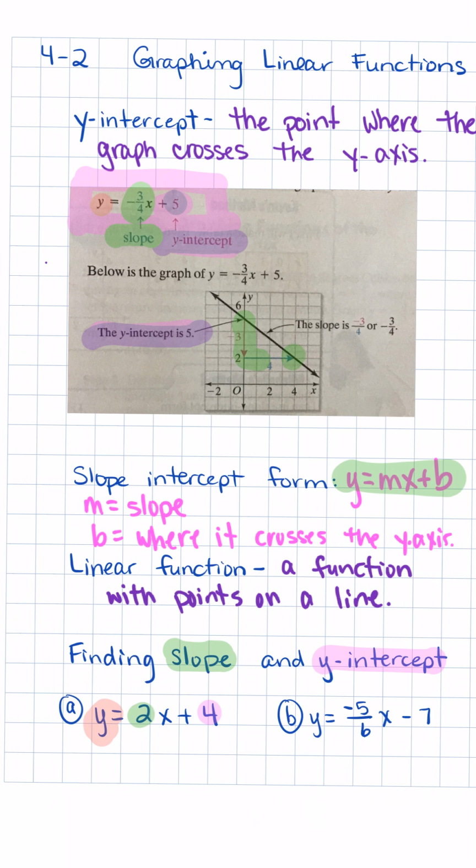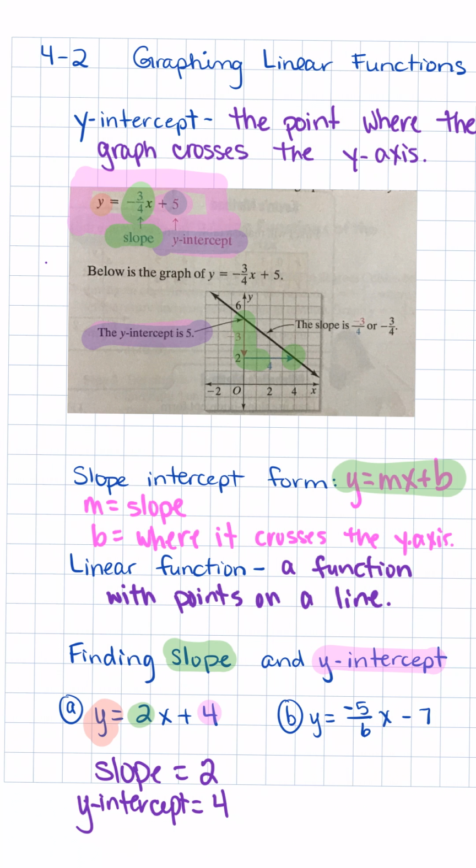So you would just write this as slope equals 2. So that means rise, and anytime it's just a solid number of 2, any number can be over 1. So 2 over 1. So it goes up 2 over 1. That's the slope. And the y-intercept equals 4.